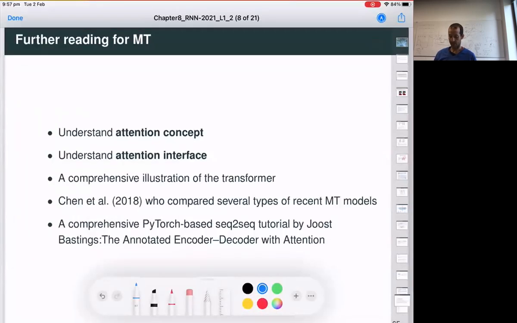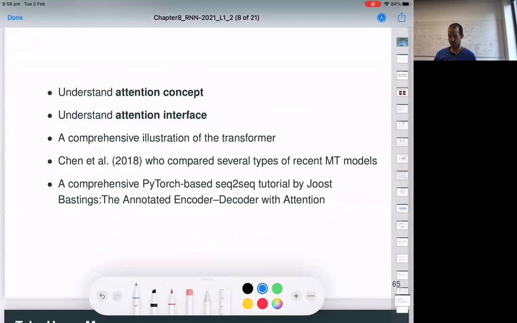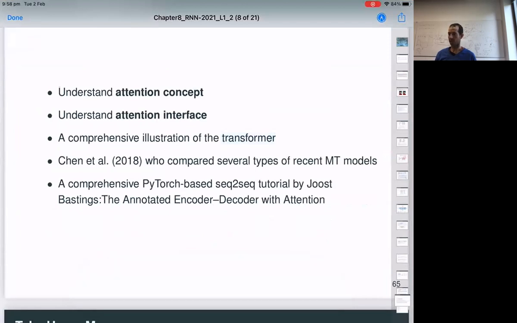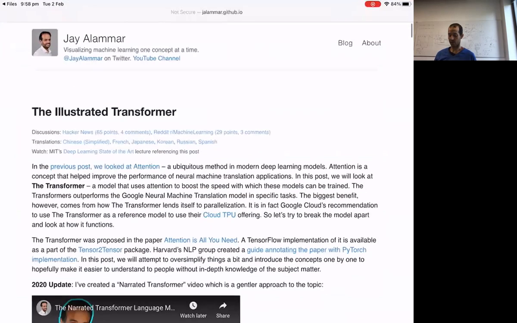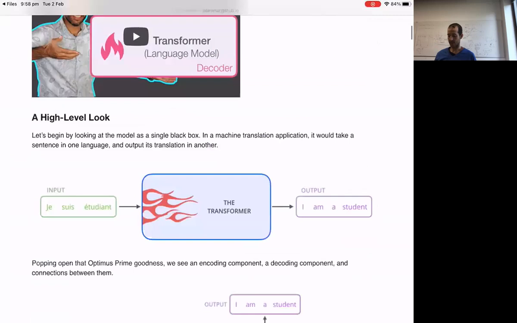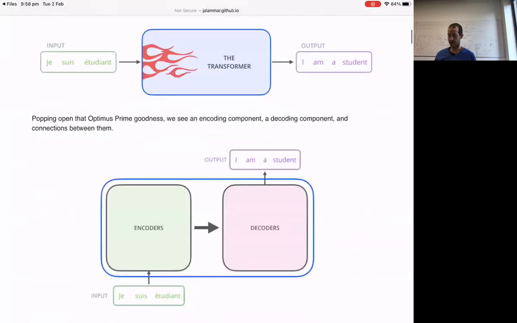And before leaving, because I think Sarat will not be happy with me, the transformer. I know that some people like the transformer. So you have here also an illustration of the transformer, and it's quite nice. You can see that I stole this picture: Je suis étudiant, I am a student, because I went on this one.